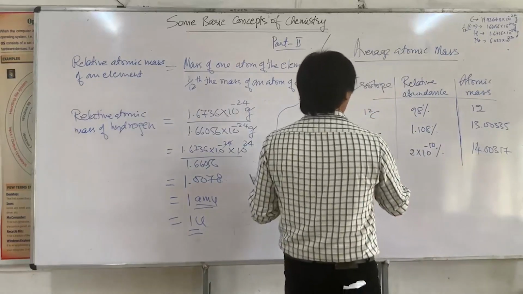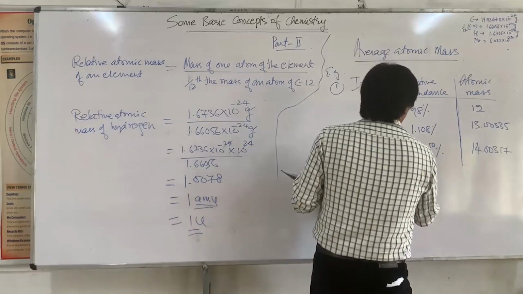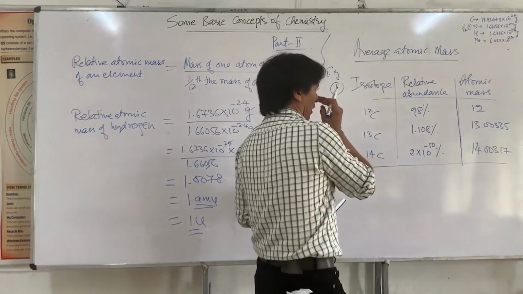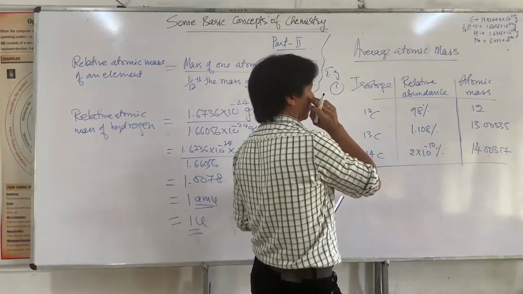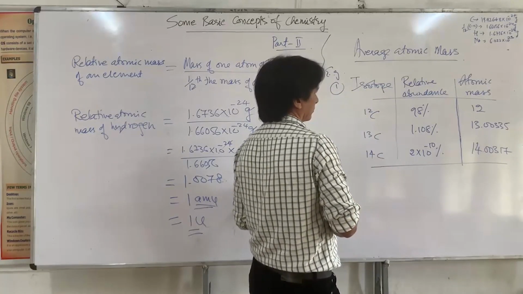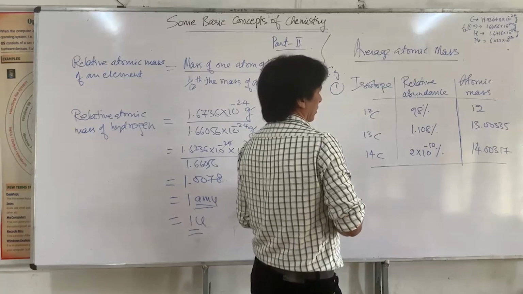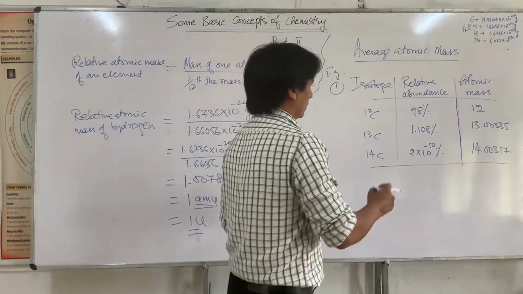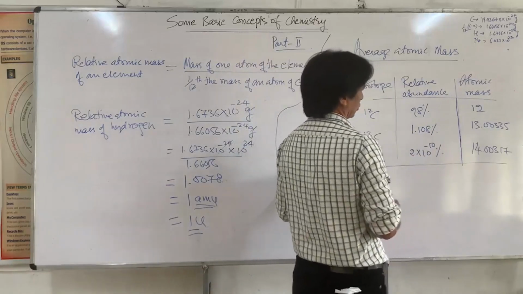So now, to find the average atomic mass of carbon in general, we take the percentage of each of these isotopes that occur in nature.